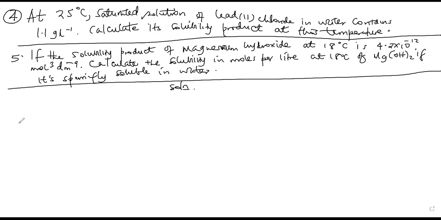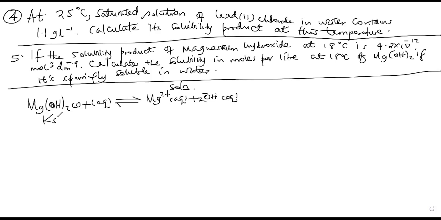As we've seen, the main thing is to first write the equation, then the expression. Magnesium hydroxide solid dissolves in water to give Mg2+ aqueous plus 2OH- aqueous. So the Ksp is the concentration of magnesium times the concentration of hydroxide squared.